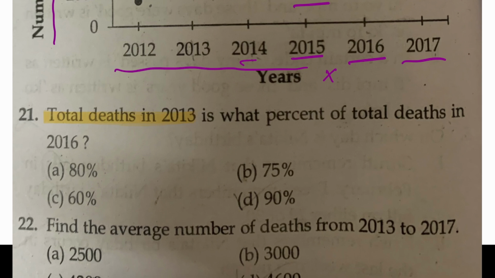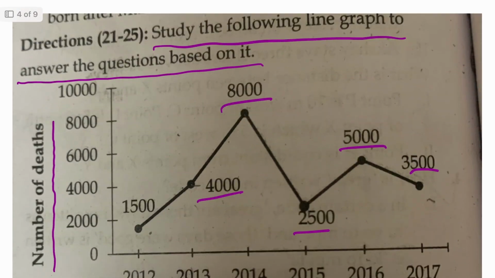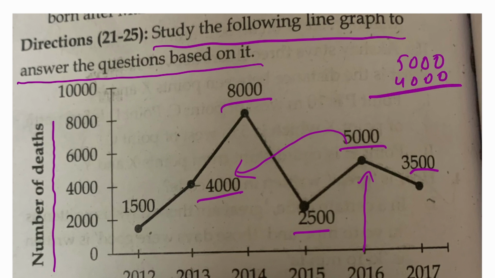First question, total deaths in 2013 is what percentage of total deaths in 2016? So they have asked the total deaths in 2013 is what percentage of 2016. As you know, 2016 is 5000 deaths and 2013 is 4000 deaths. So if you take a percentage, there is a formula for that. Instead of using the formula, I will show you the simplest and easiest method.